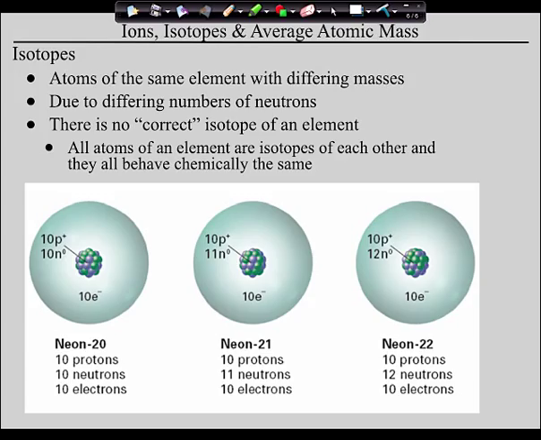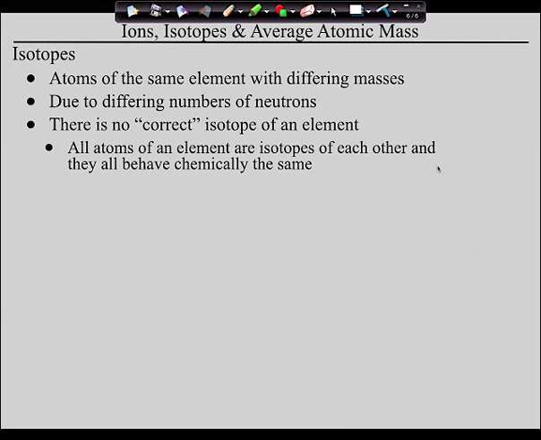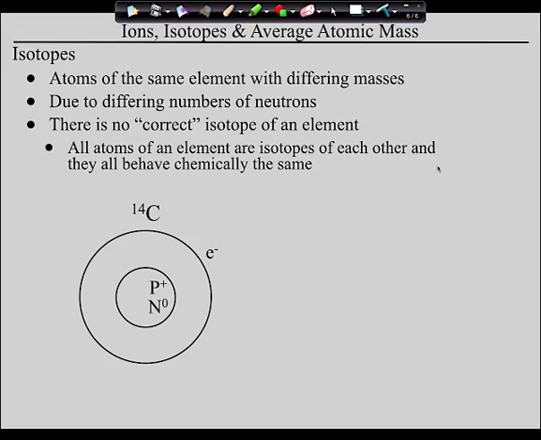One has a mass of 22 with 12 neutrons. So guys, again, the idea is they're all neon, they all react the same, they all have 10 protons. The difference is the number of neutrons and therefore their mass. Good? Okay. So guys, with that said then, what are we going to do with this? We're going to do stuff like this. Scratch it again into your notes and let's figure out carbon-14.